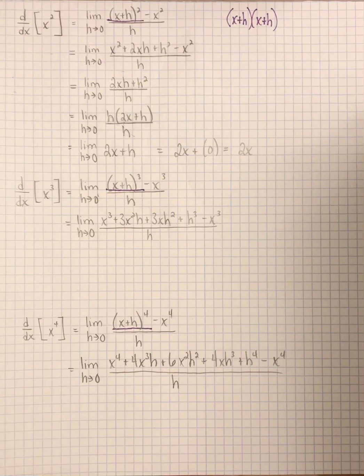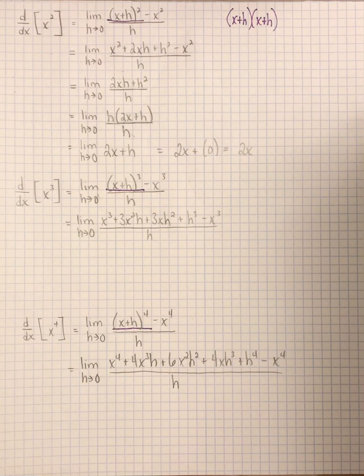In the numerator, the terms without h cancel out. If, therefore, all of the remaining terms have an h, we can factor the h out to simplify with the h in the denominator. Now, the point is that the two terms that are left in the simplified expression are directly related to these two terms in the expansion of x plus h squared.